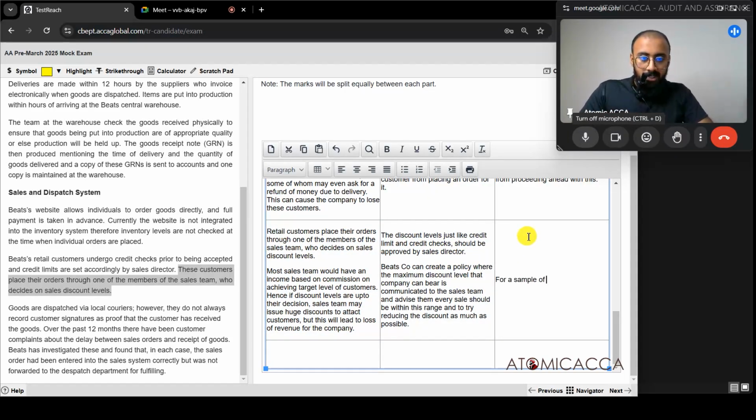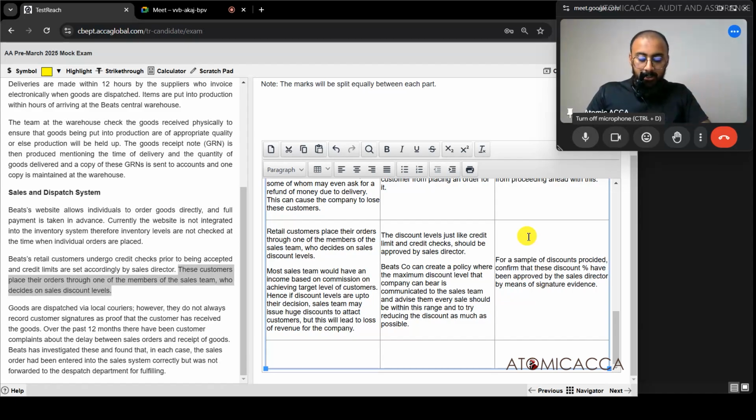So for a sample of discounts approved, confirm that these discount percentage have been approved by the sales director by means of signature evidence. So that they told that okay, this much discount is okay.